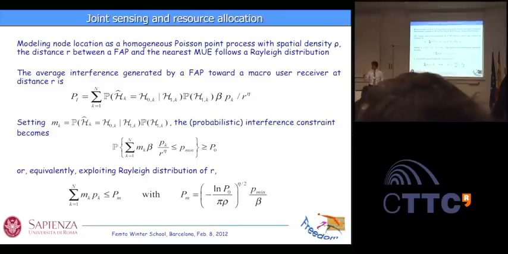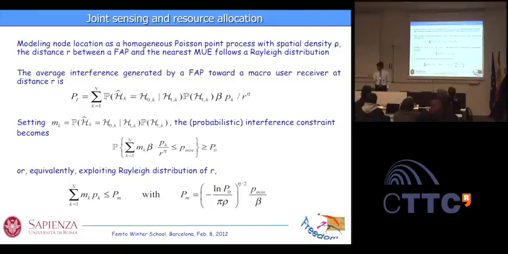This is something that is known, actually a very simple formula. The PDF of the distance to the nearest macro user will be a Rayleigh PDF. So we know the PDF, and that PDF will only depend on the density. This is why the only information we need is the density of these nodes.